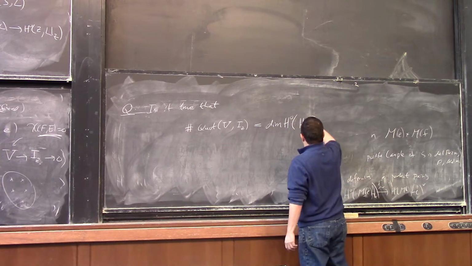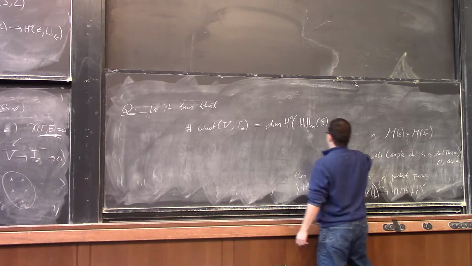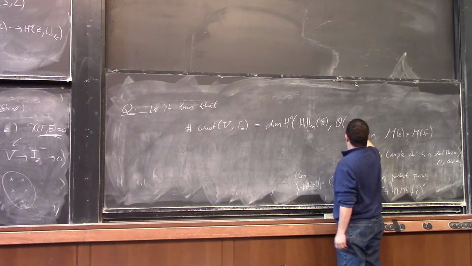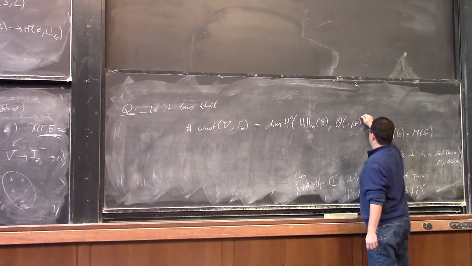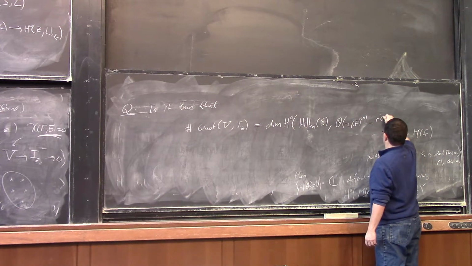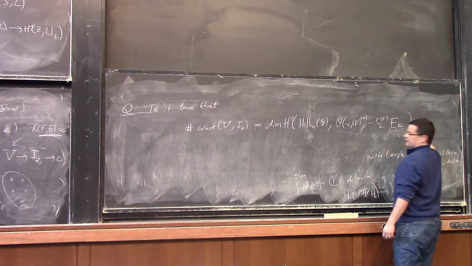we're on a Hilbert scheme of n points on S, and my bundle looks like O of C1 of F, this n thing, minus the rank of F over 2 times this exceptional divisor, O of the exceptional divisor for the Hilbert scheme.